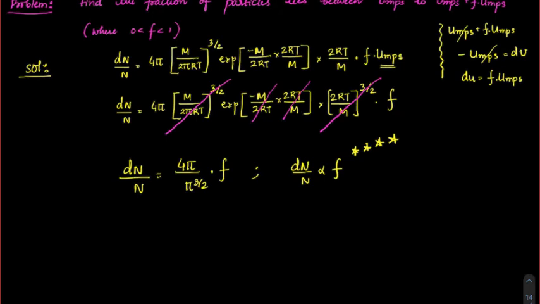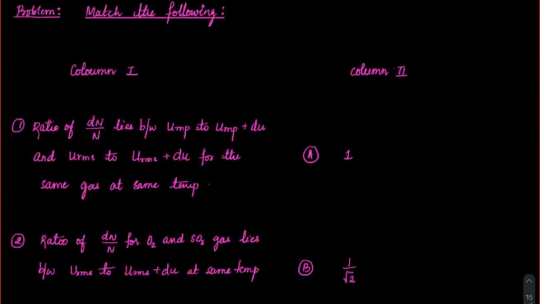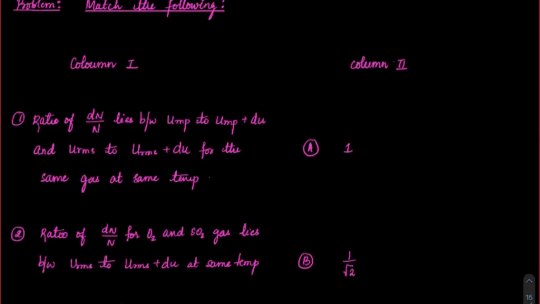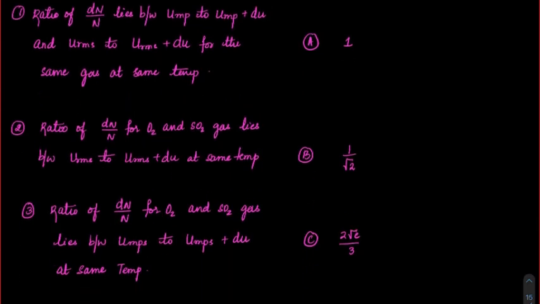Based on the same, we will see one question which is quite similar to what we are discussing. It is a match the column question. There are column 1 and column 2. In column 1 it says: ratio of fraction of particles lying between most probable speed to u_mps plus du and u_RMS to u_RMS plus du for the same gas at the same temperature.